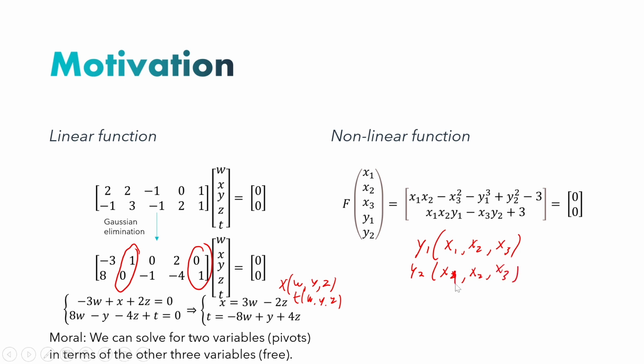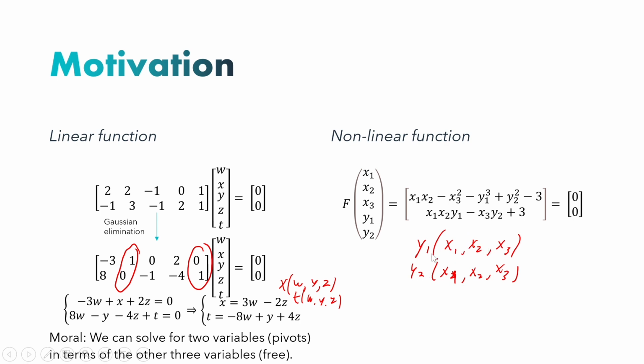Now, the question becomes, how can you actually find the solution? How can you solve for y1 and y2, because they're all tangled up with the x's, in stark contrast to the linear setting when everything's independent of each other. But that is where the implicit function theorem is going to come into play. It's going to say that even if we are unable to explicitly solve for the variables, in this case y1 and y2, we are able to implicitly understand that y1 and y2 are functions of the x variables.